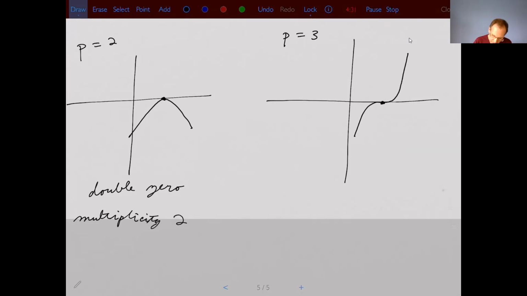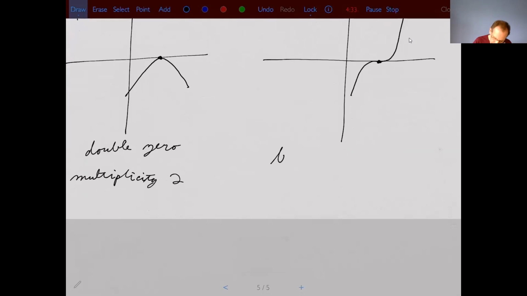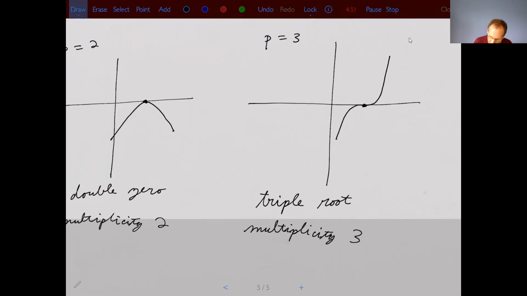So in this case, we have a triple root and the multiplicity is 3. And again, if you zoom in around that root there, it looks like a cubic function.